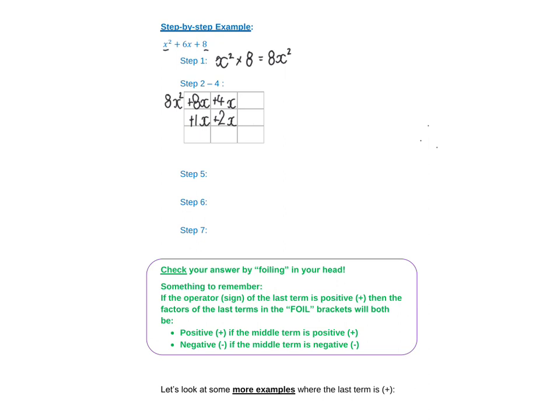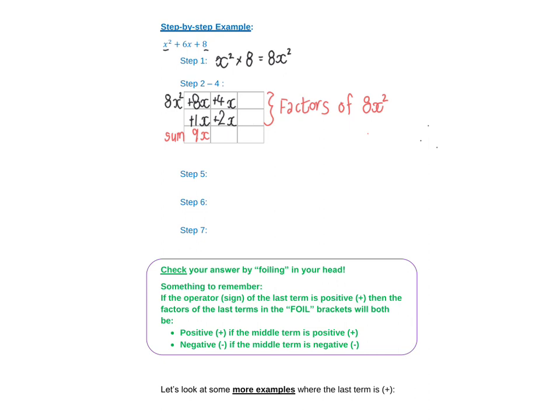All right. So we now then can see, if we add here, we have 8x plus 1x gives you 9x for the sum. So this is the part where you do the sum. And these are your factors of 8x squared. Okay, so 8x times 1x gives you 8x squared. 4x times 2x gives you 8x squared as well.